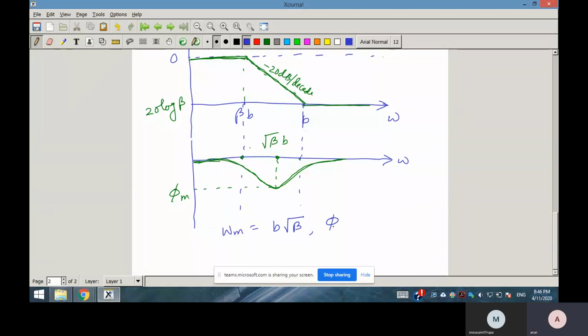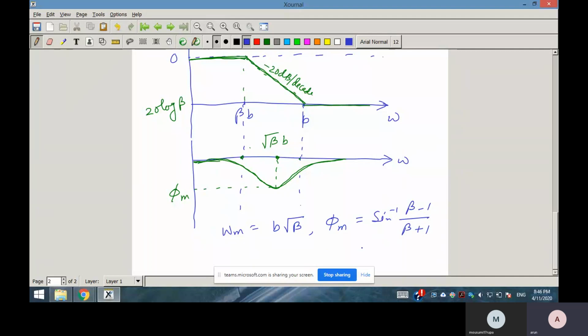And what is your maximum phase margin? If you see the earlier lead controller formula, it was (alpha minus 1) by (alpha plus 1). So here now it will be (beta minus 1) divided by (beta plus 1). Since beta is less than 1, phi m will be negative.